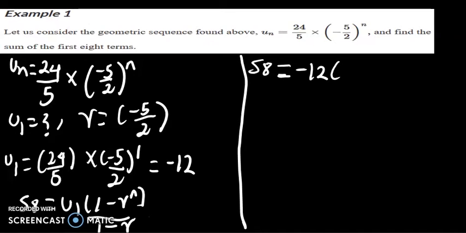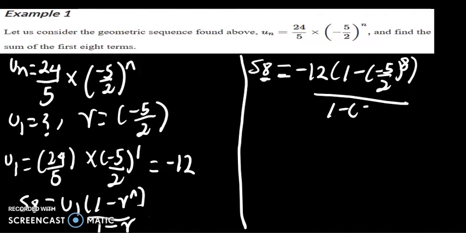So minus 12 times 1 minus (minus 5 over 2) to the power 8, because we are solving for 8, divided by 1 minus (minus 5 over 2).